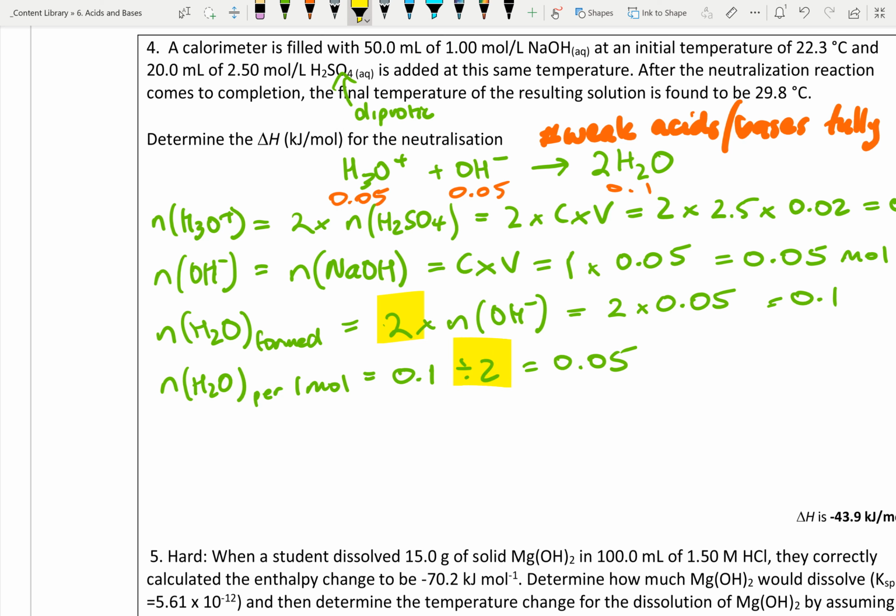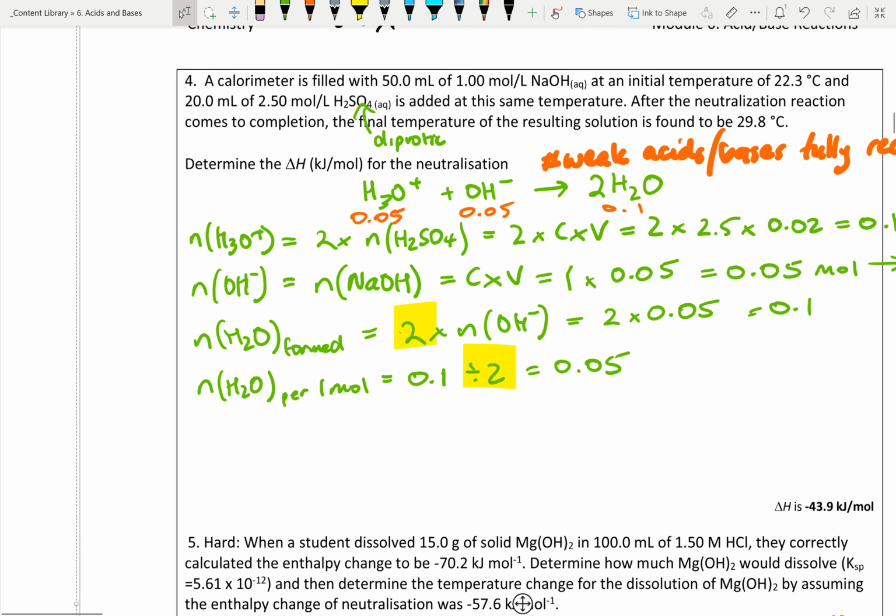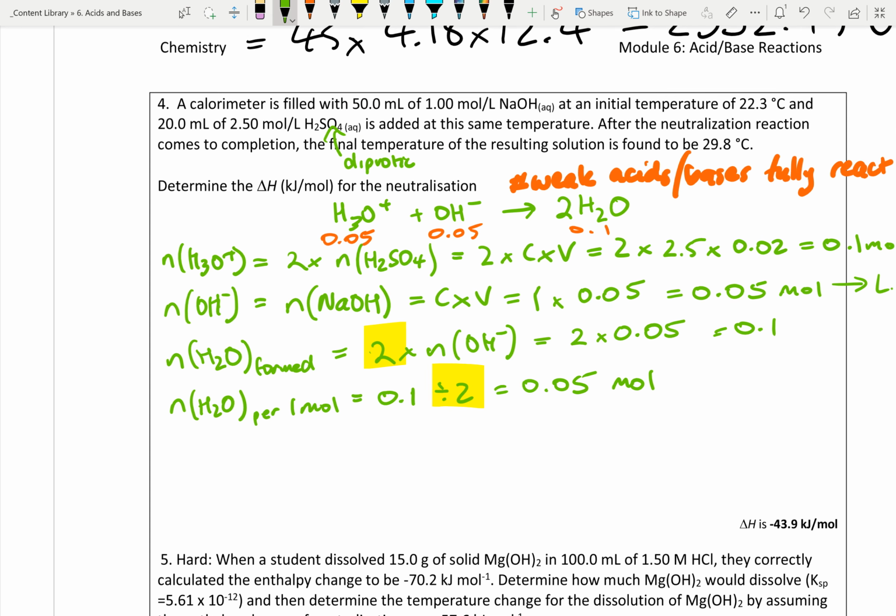I often assume the marker would know what's going on. But then I was thinking about it from an HSC perspective. If they're looking at it, they'll probably pick up and say, technically, this is incorrect chemistry. So I've gone back to doing this. You'll notice it kind of is a useless step because you times it by 2 and divide by 2, but lo and behold, it's necessary for the answer to be correct. So this is 0.05 of a mole of water formed.